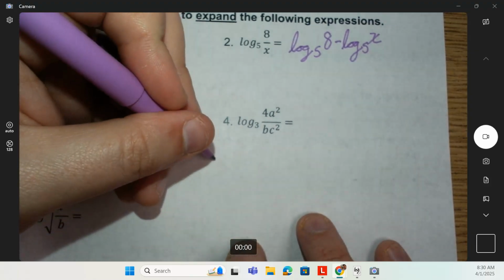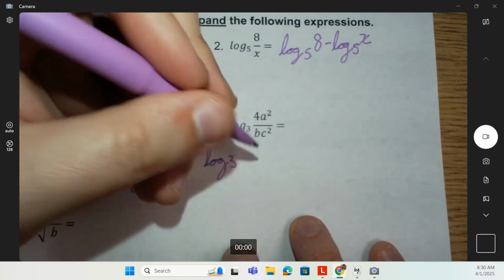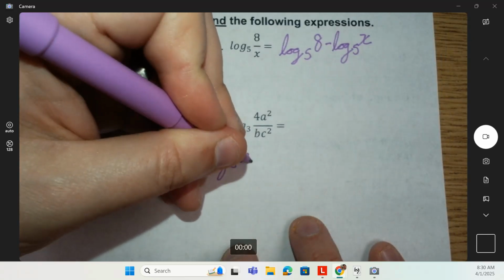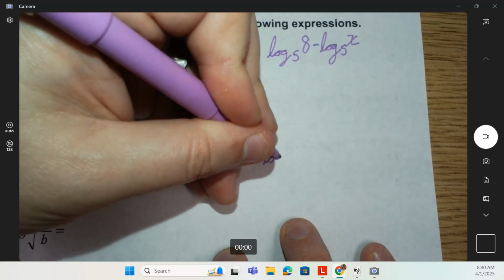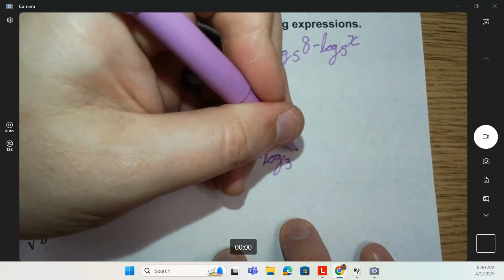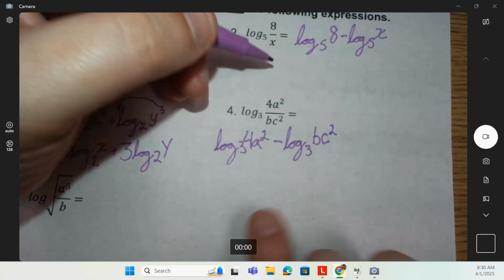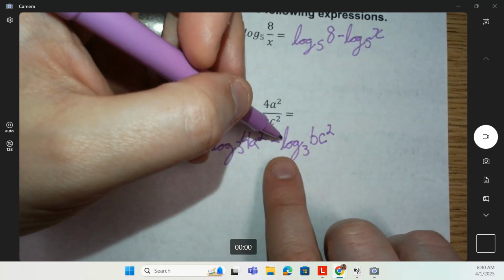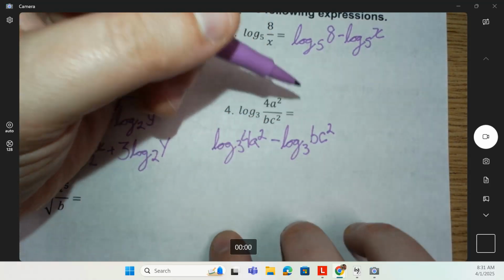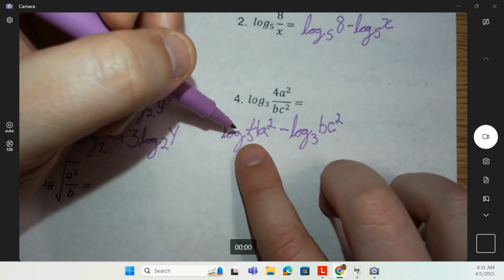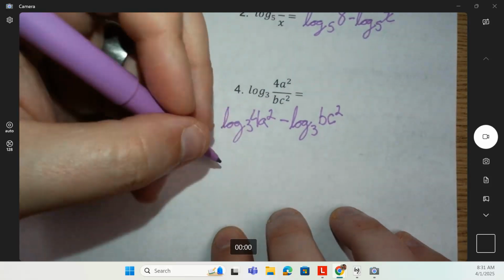So you can kind of think of it as the first split being log 3 of 4a squared minus log 3 of bc squared. And so this minus sign is going to go with anything that gets split apart here from here on out. And so when I split these apart, I'm going to go ahead and move that 2 up front for the part that has the a.